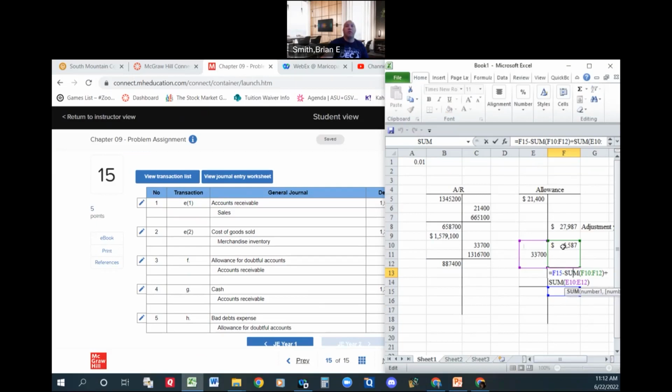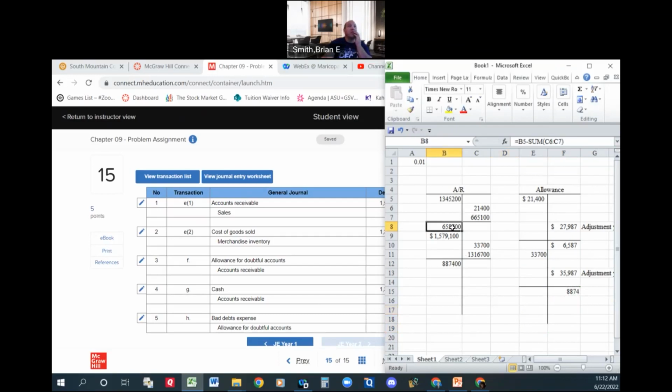So I don't know why it didn't work. Well, let's do it manually. We're going to take 33,700 minus 6,587, and then we need to get from that to this. Well, my model worked. It's just I did a calculation error somewhere.